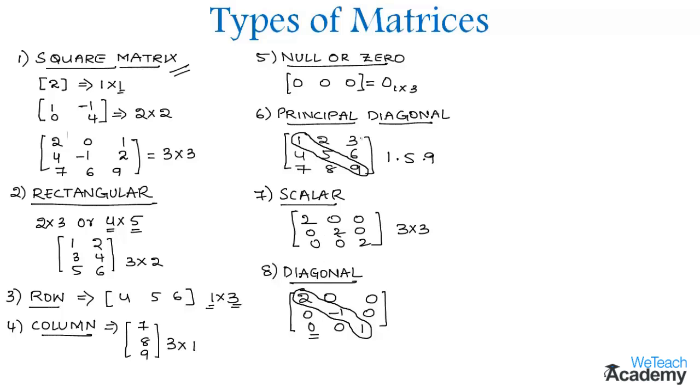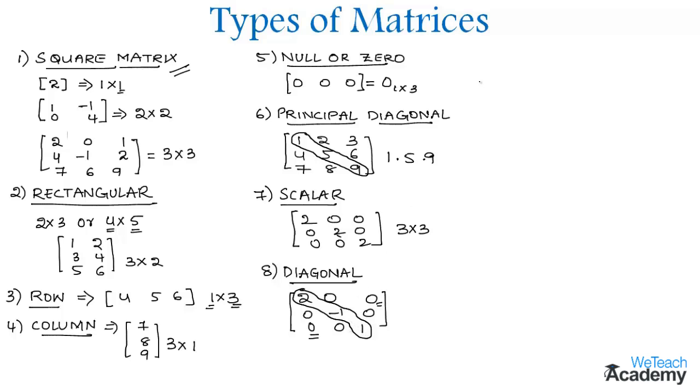The difference between the principal diagonal matrix and the diagonal matrix is that non-diagonal elements are not 0 in this case, whereas here we have 0. And the difference between a scalar matrix and a diagonal matrix is that in a scalar matrix all the diagonal elements are equal, whereas in a diagonal matrix they are not equal.